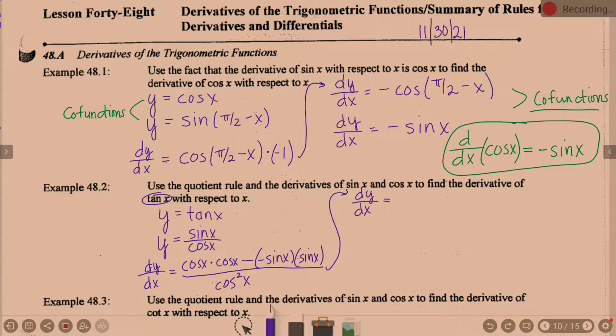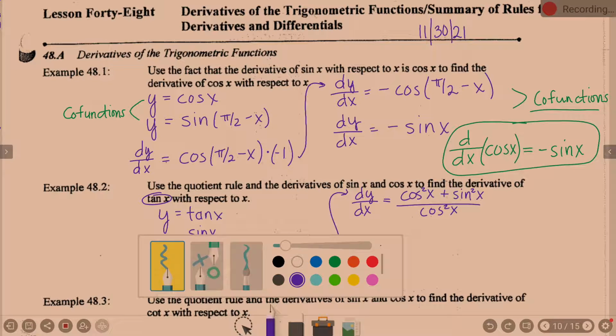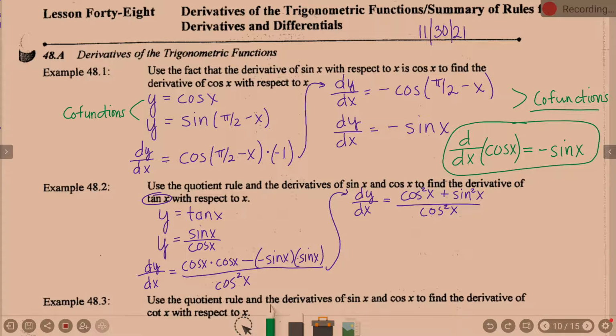Okay, we got it all? Cleanup time. What's that numerator clean up to be? Cosine squared x plus sine squared x, all over cosine squared x. What's your pre-cal brain have to recognize? So Pythagorean identity on top.